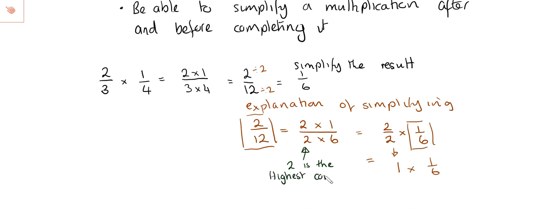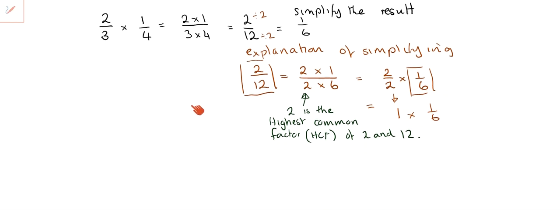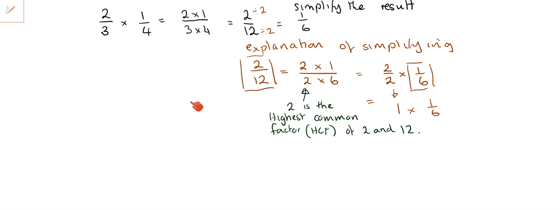Highest common factor, yeah, of 2 and 12. So you can see how when we did that earlier on in the term, in the year, now that's becoming useful. Write this down, Daisy? Yeah. Okay.